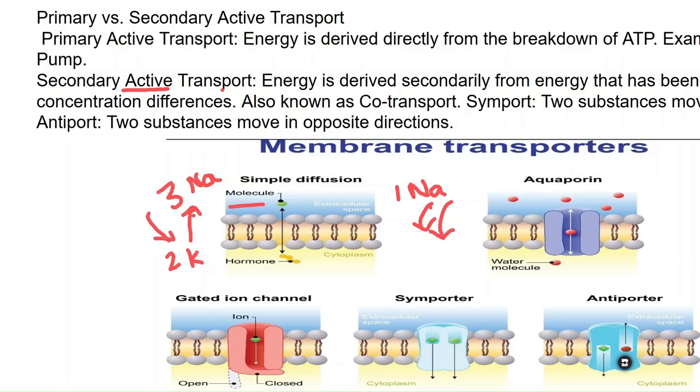So sodium doesn't go alone inside, it also carries another molecule with it. So here comes the symporter. Symporter means, you can see here, this is 1 sodium ion going in, and along with this sodium ion it carries another molecule. It can be glucose or amino acid, which goes into the intracellular space in the same direction. You can see both are going in.